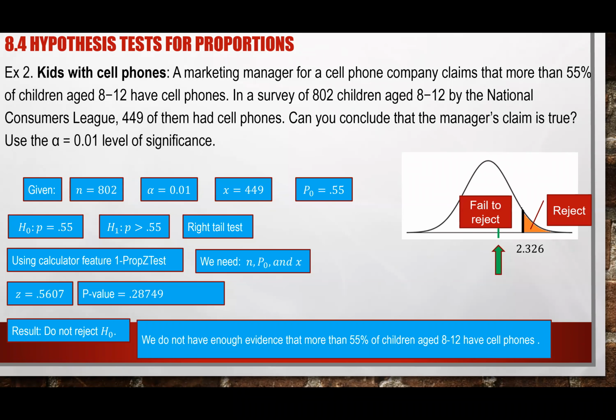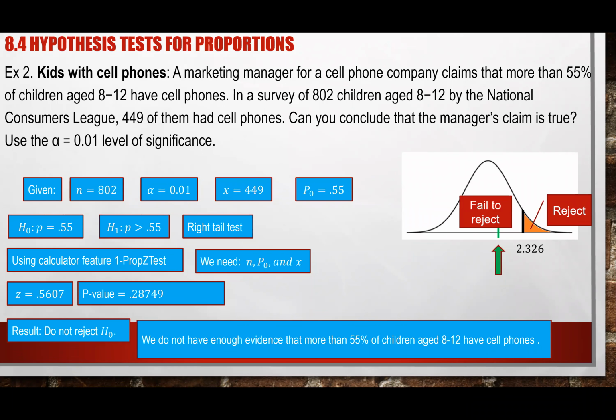Okay, so the idea behind this testing is commonly this: for instance, they say, oh, this marketing is good, let's focus on this group of people. Let's design a cell phone that attracts this group of people.